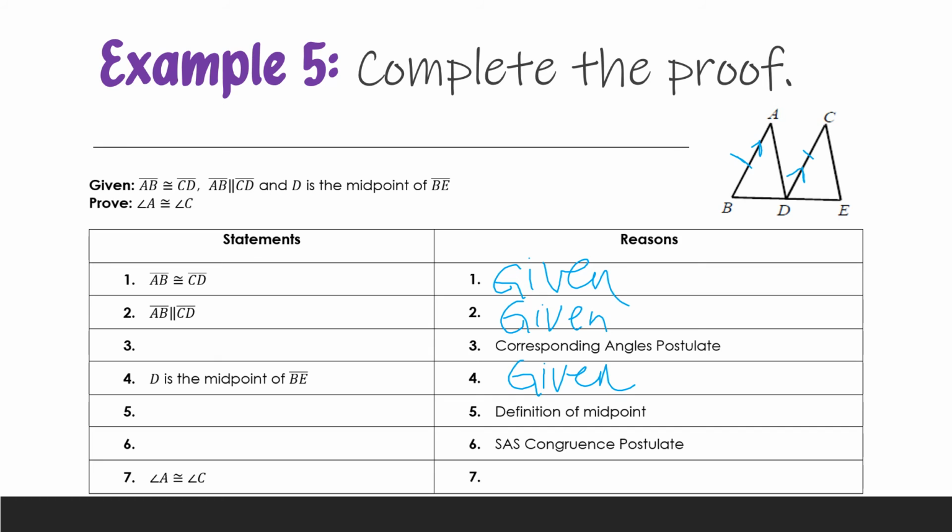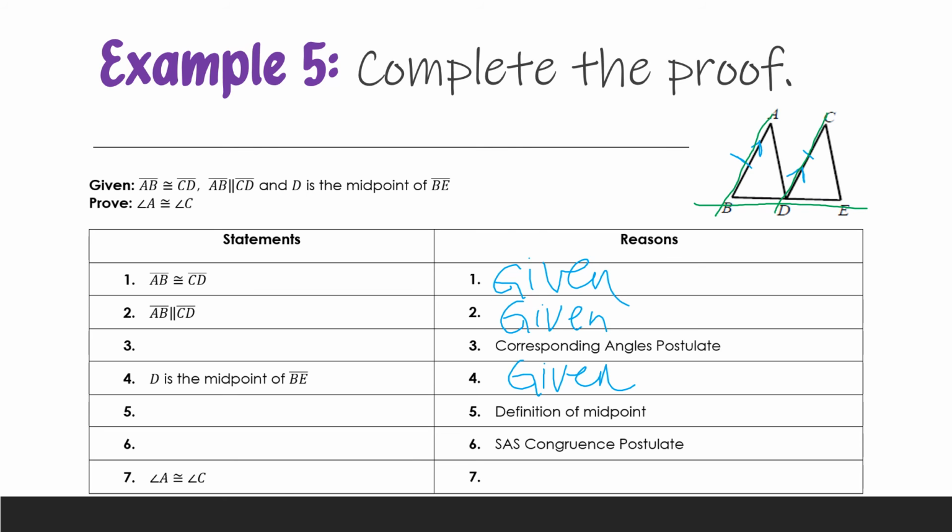All right, so let's try to figure out why did they tell us AB and CD are parallel. There's a reason. They didn't just say that for us to write down it's given and not use it. So if I look at AB and CD, they are cut by a transversal BE.